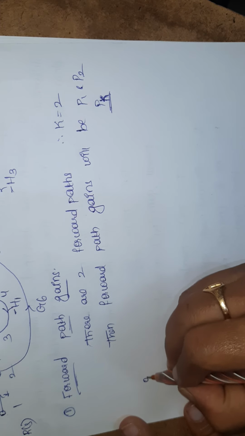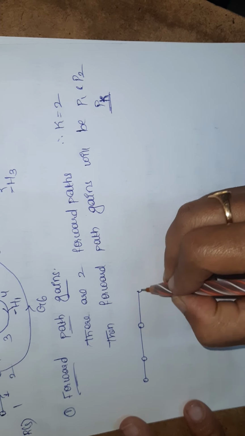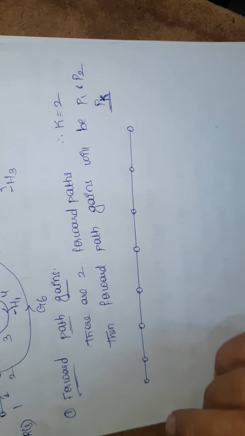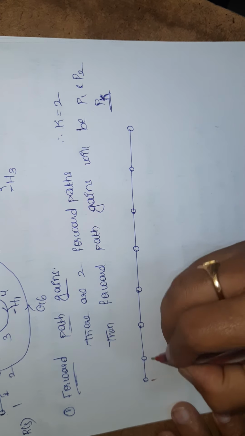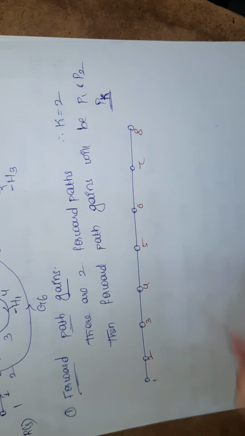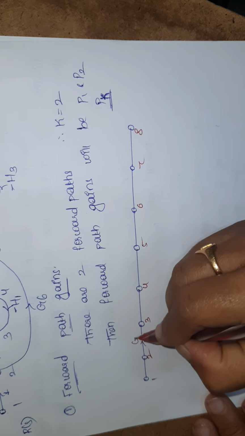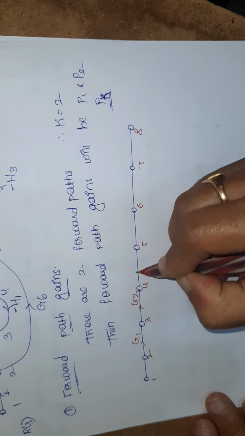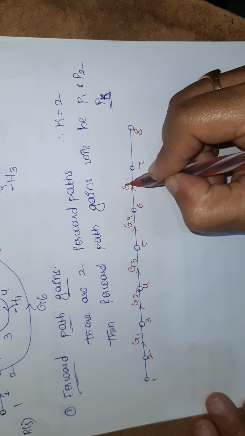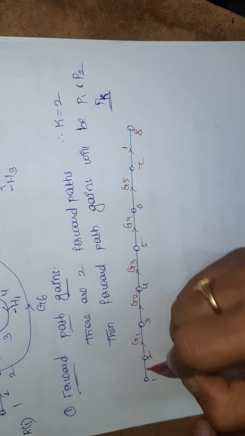From the figure, 1, 2, 3, 4, 5, 6, 7, 8, and it has the gains G1, G2, G3, G4, G5 and 1.